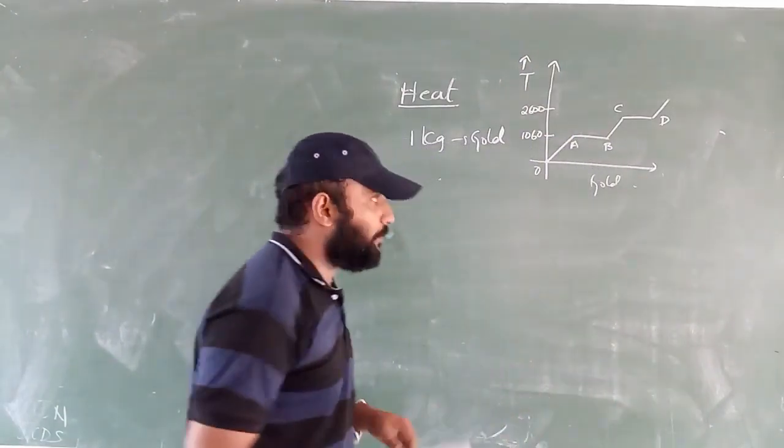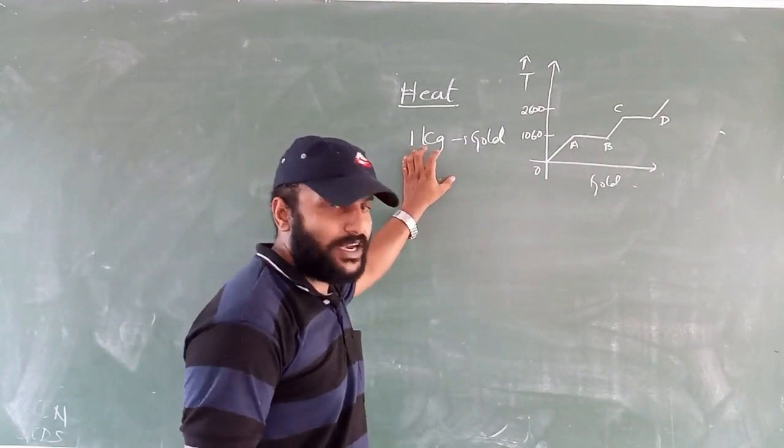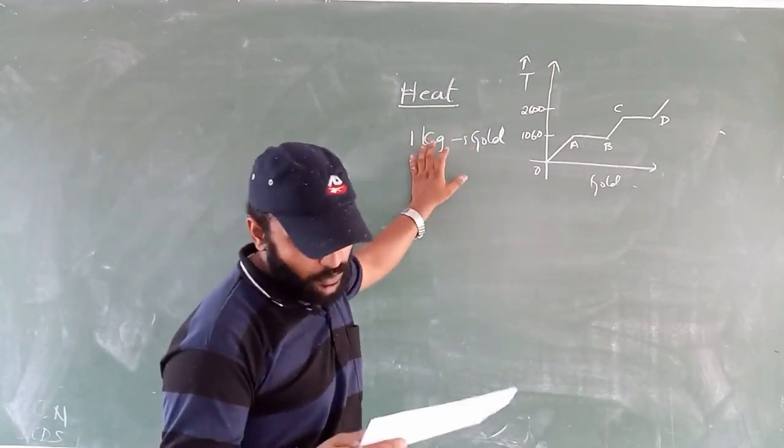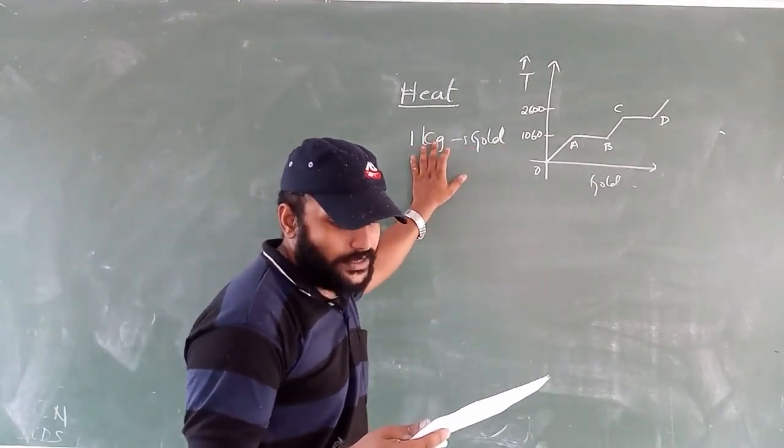So this is the graph given. They have given the mass, 1 kg, and the graph. Now what have they asked? From the graph answer the following.